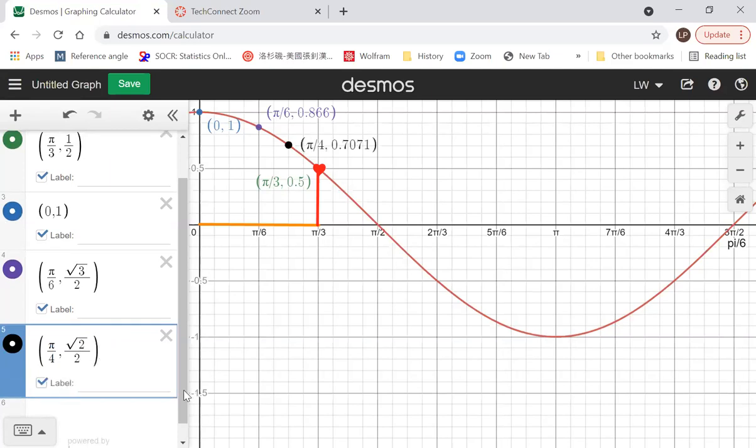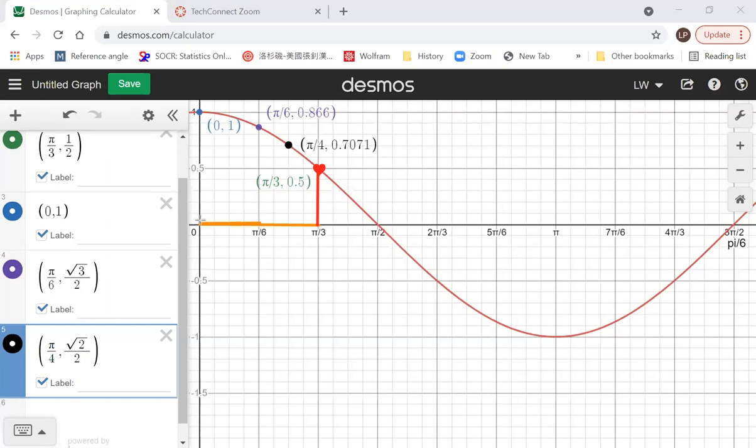Okay, so which one do you like? So pi over 6, meaning that if you get the arc length, the arc length is this much. The orange color, that's the pi over 6.